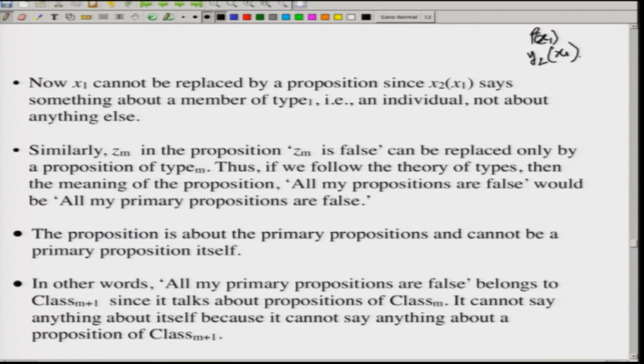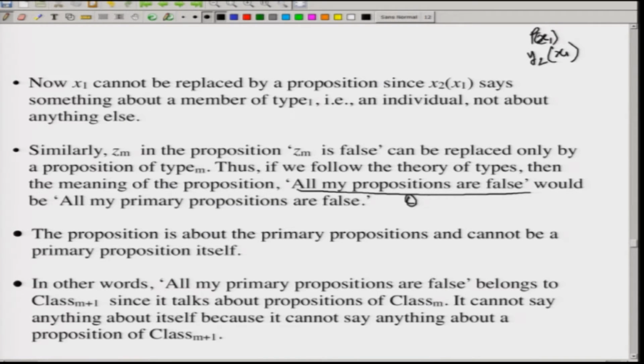Similarly, Zm in the proposition Zm is false can be replaced only by a proposition of type M. Thus, if we follow the theory of types, then the meaning of the proposition all my propositions are false would be all my primary propositions are false. That is, this proposition itself cannot be among my propositions, because it is talking about other propositions.